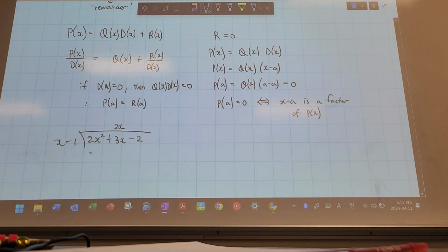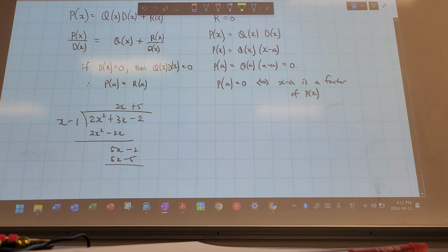So it'll be 2x squared minus 2x, and then 5x minus 2, plus 5x minus 5. So it's negative 2 minus negative 5, positive 3. So this one has a remainder of 3, and the quotient is 2x plus 5. Okay? That's how we do the polynomial division.